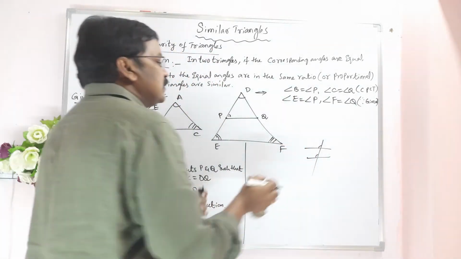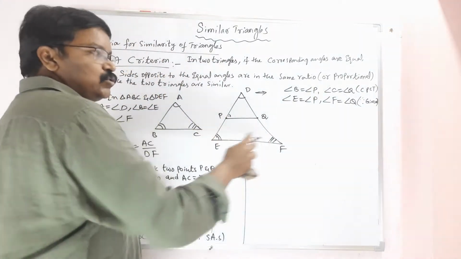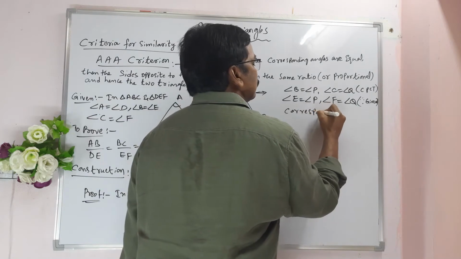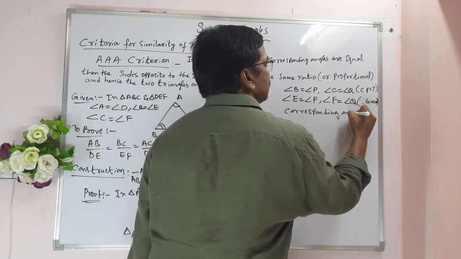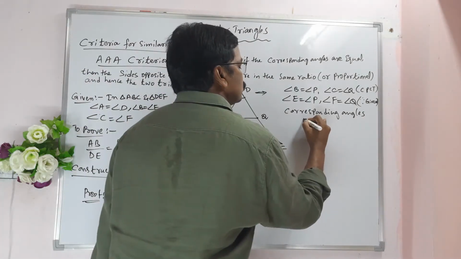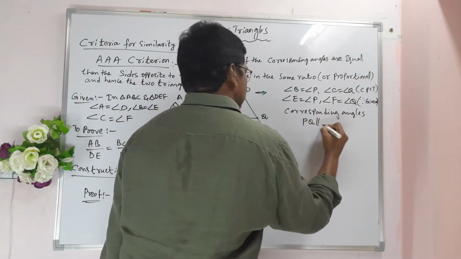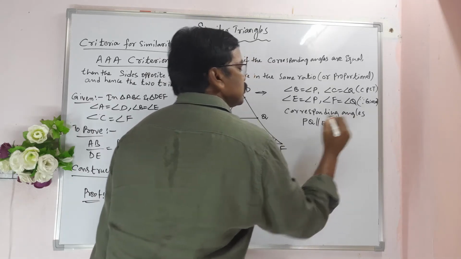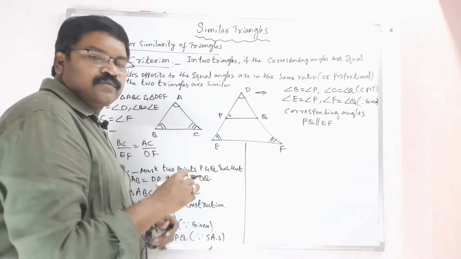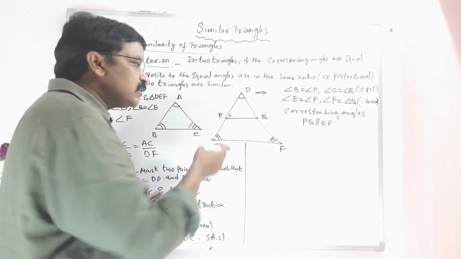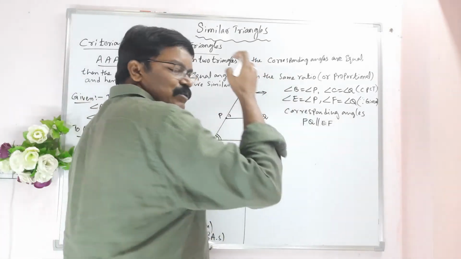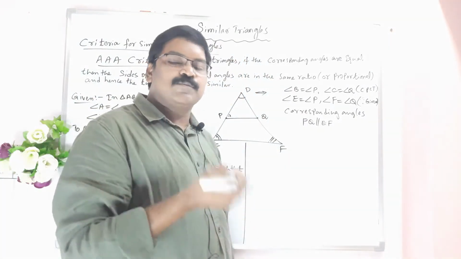That means PQ is parallel to EF. Okay, good. Now, again, the basic proportionality theorem.